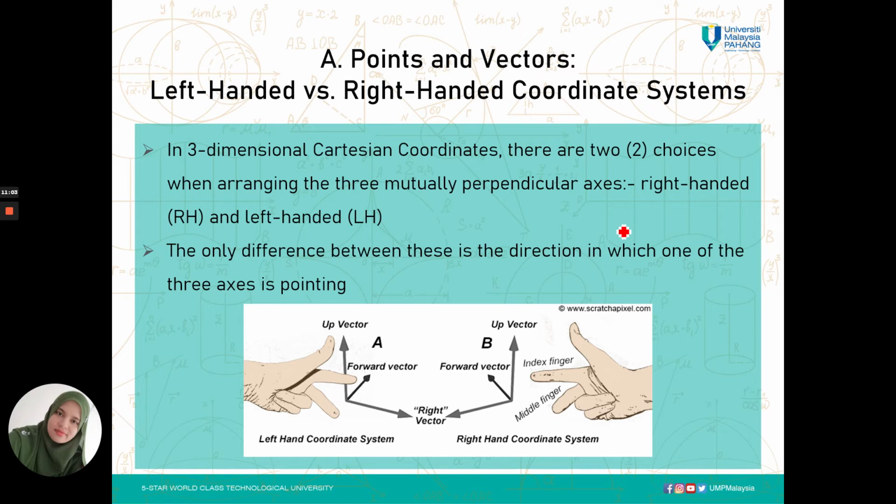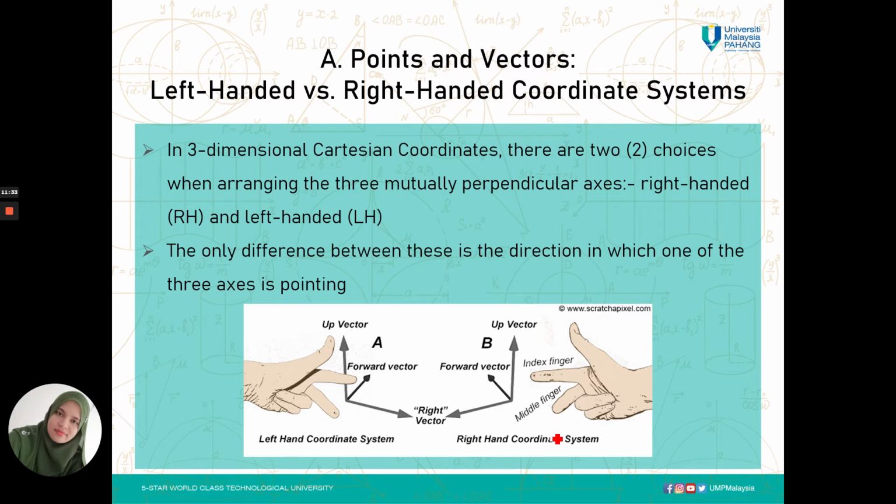It is still the three-dimensional Cartesian coordinates, but you have two choices for arranging the game objects inside your scene, inside your space. But please bear in mind, the rules of mathematics do not change between these coordinate systems. Regardless of whether you use the left hand or the right hand, the rules of mathematics remain.